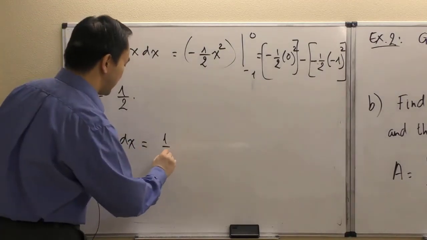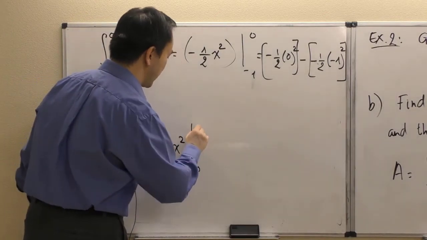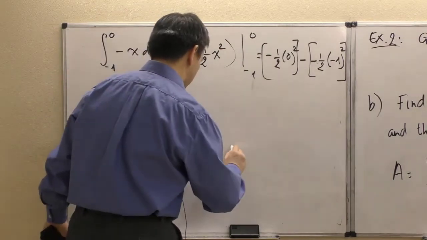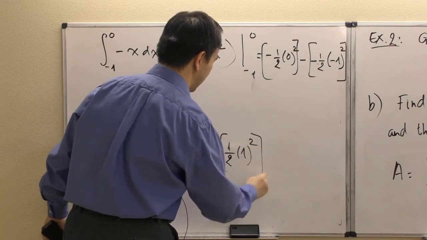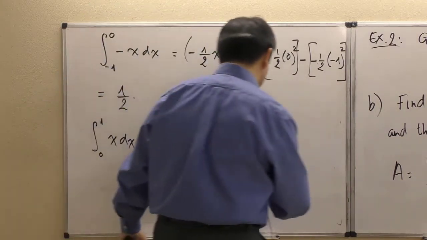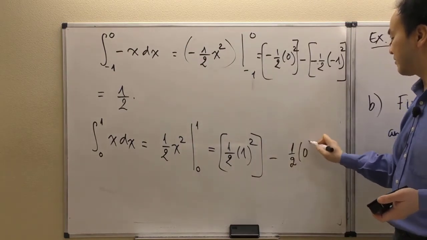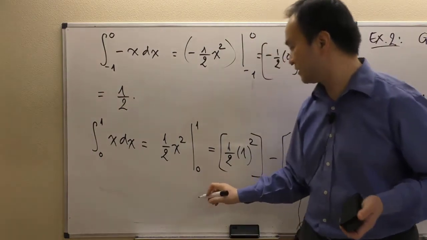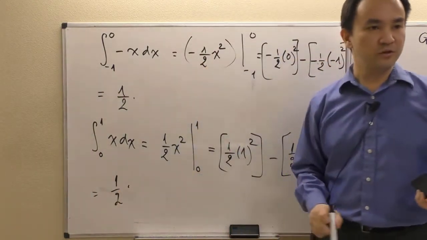Positive 1/2 x squared, evaluated from 0 to 1: 1/2 times 1 squared, that's capital F at 1, and then I subtract 1/2 times 0 squared. And so the answer here is another 1/2.